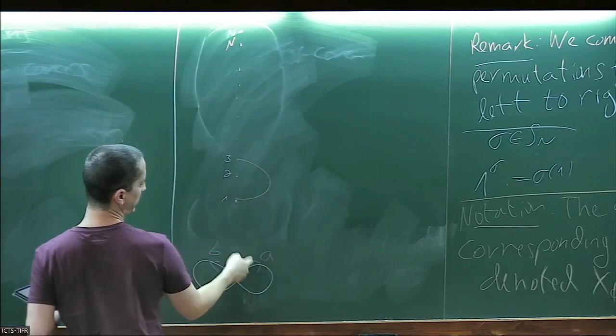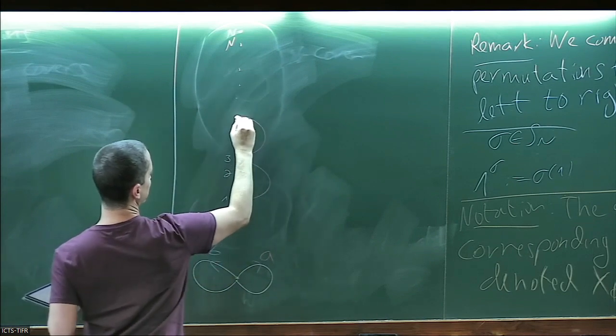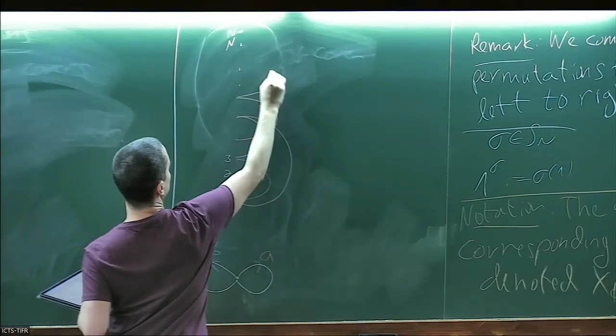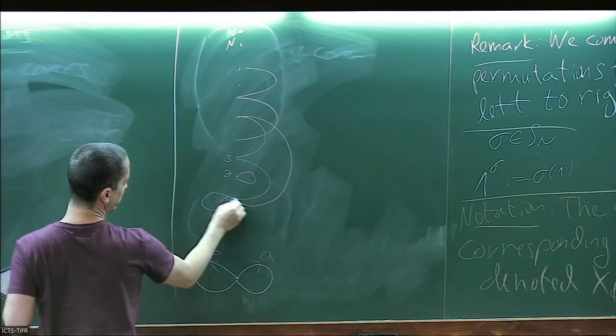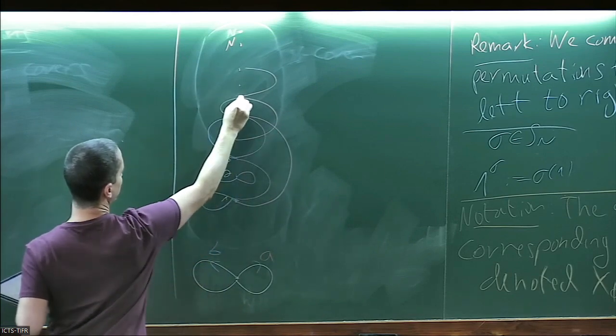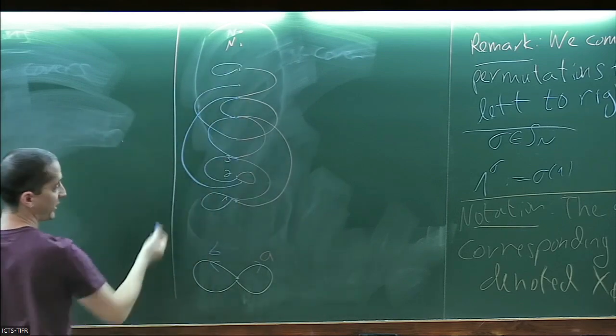So if A takes 1 to 2 to 3, I draw this edge, and then this edge, and perhaps 2 is a fixed point, and so on. And this is for A. For B, I get a similar picture. Perhaps 1 is a fixed point, 2 goes to 3, 3 goes to 5, 5 goes to 6, and 6 goes to 2, and so on. And this will be my cover.